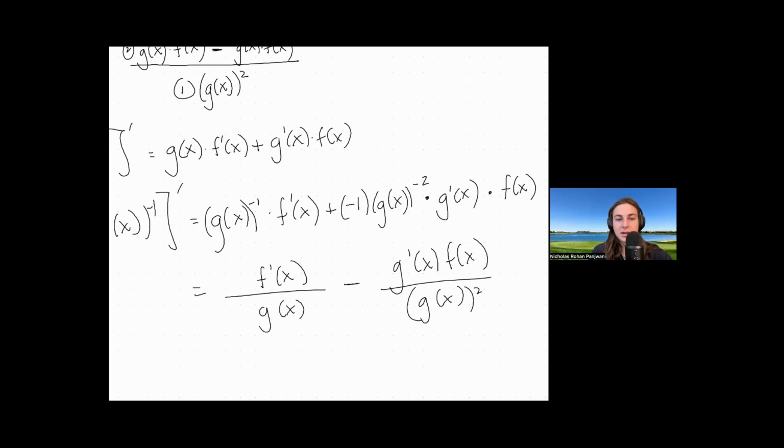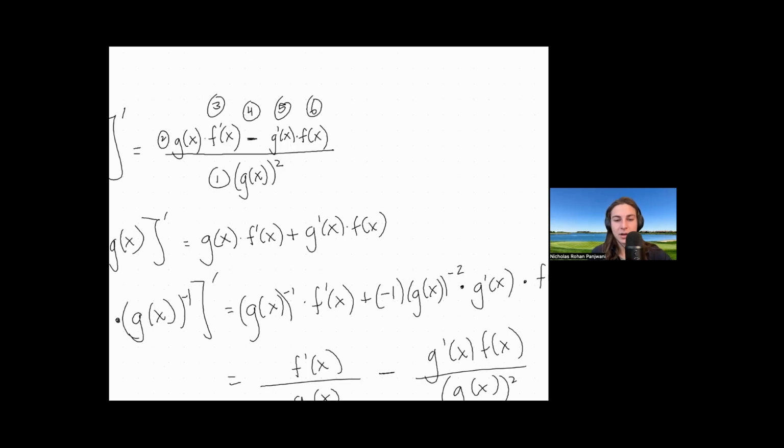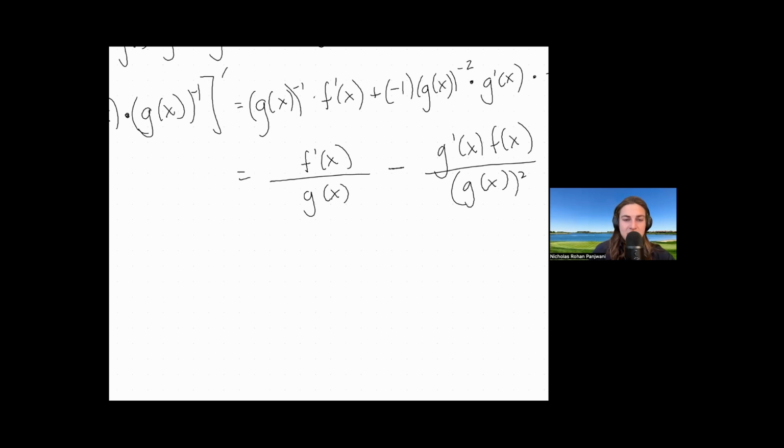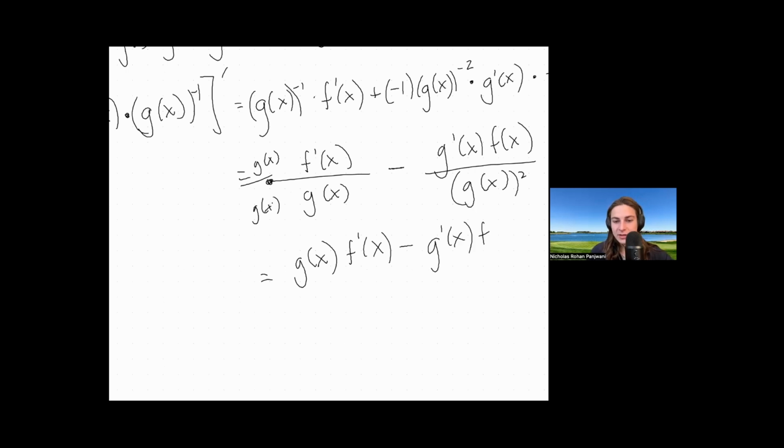So now to get it to look like our quotient rule, all we have to do is make a common denominator, which means we multiply the left-hand side times g of x over g of x. And then we get g of x times f prime of x minus g prime of x times f of x all over g of x squared.